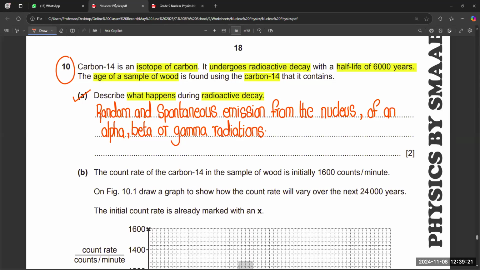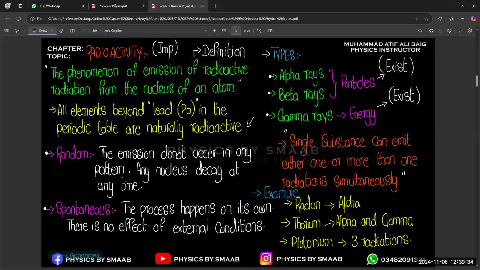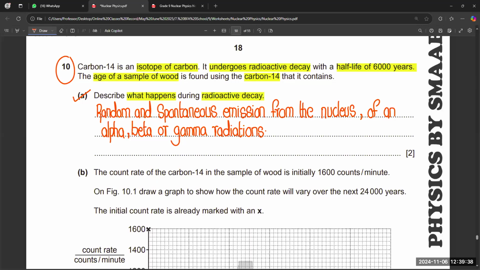Now we know the names of the radioactive radiations, that's why we write alpha, beta, and gamma. At the start of the chapter we didn't know about alpha, beta, and gamma, so we wrote radioactive radiations. So simply, when alpha, beta, or gamma radiations come out from the nucleus, this process is called radioactive decay. Simple. Okay, sir, got it.